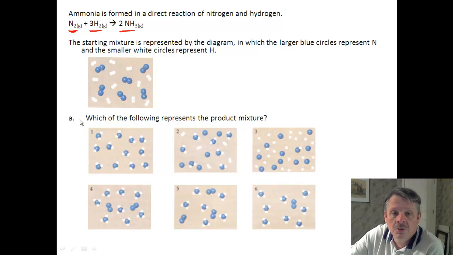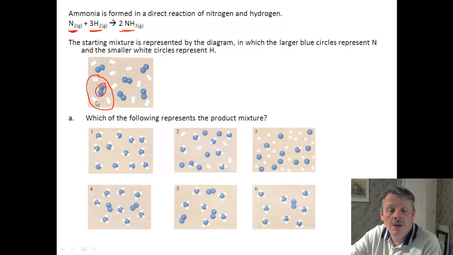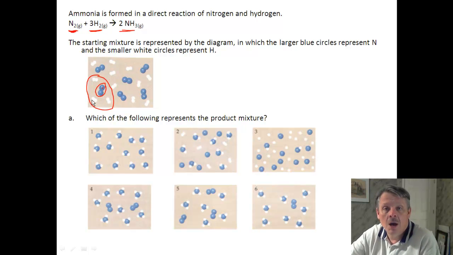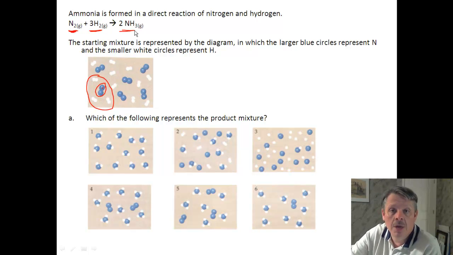So for example, here I have 2 NH3s. I've got 2 nitrogens, which is N2, and I need 3 H's, so there are 3 H2s. So those 3 H2s, which are white, are going to bond with the blue N2, and they're going to make a product known as ammonia, 2 NH3s.